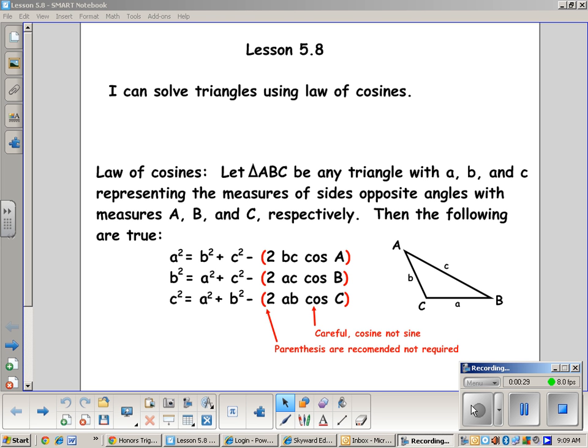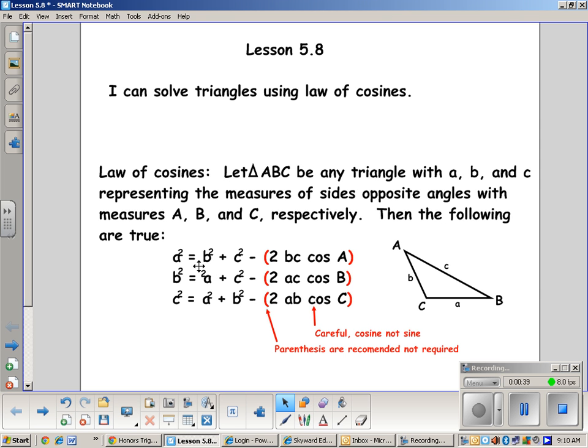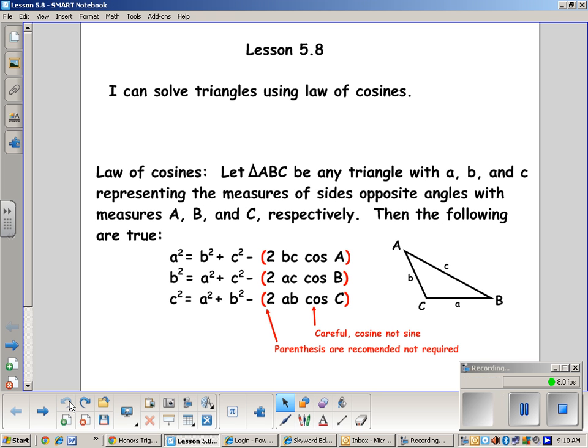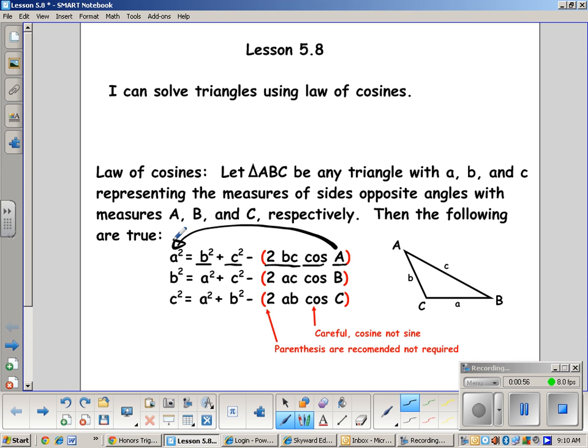Okay? We've got the rule written down 3 different ways, but if you'll notice, they all have the same pattern. It's 2 sides squared minus 2 times the product of those 2 sides times the cosine of the angle opposite that side that's out front.